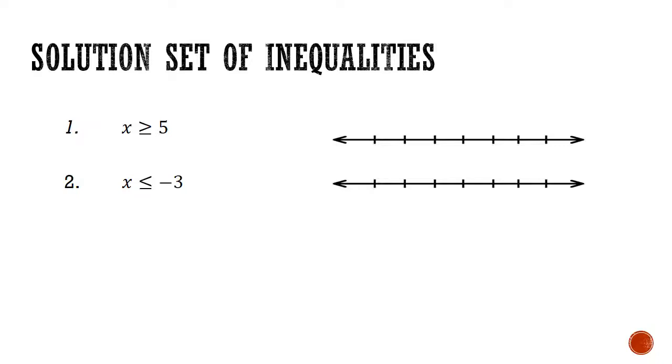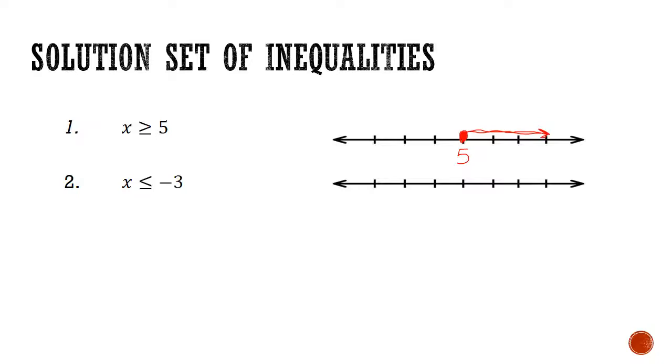To represent this solution set on the number line, I'm going to place 5 here in the middle. I have greater than or equal to, so I'm going to make a closed circle to represent the equal sign. And since I'm including every single number greater than 5, I'm going to shade to the right of the circle.